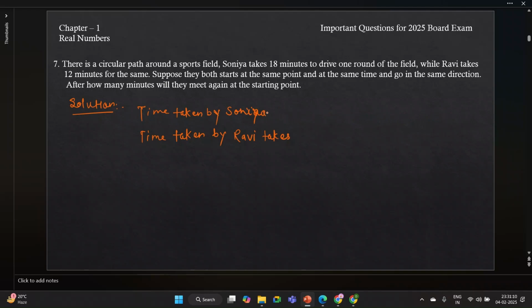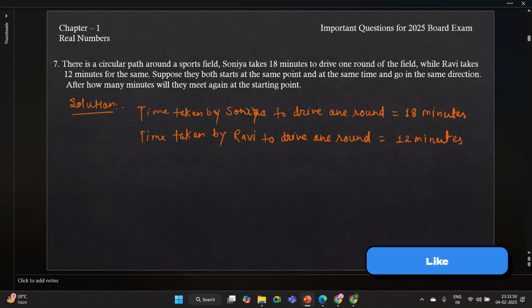Time taken by Sonia to drive one round, it would be 18 minutes. Now, Ravi to drive one round, what is it? It's 12 minutes for a round. So 12 minutes, I'm writing it down here.